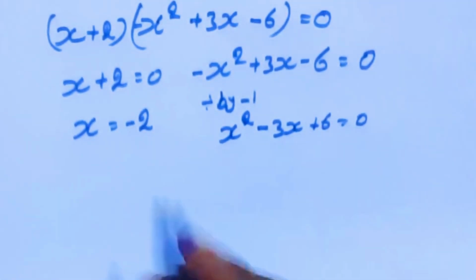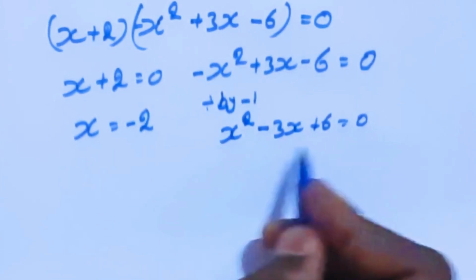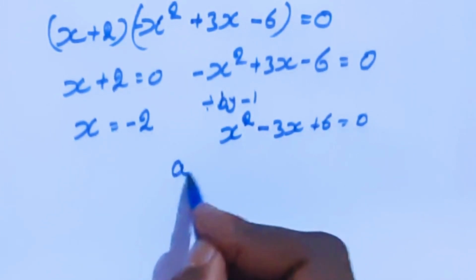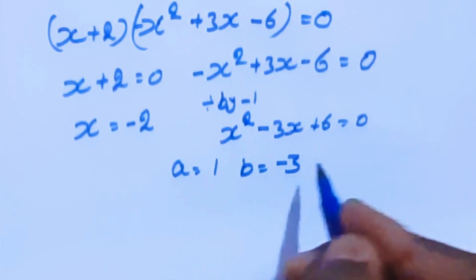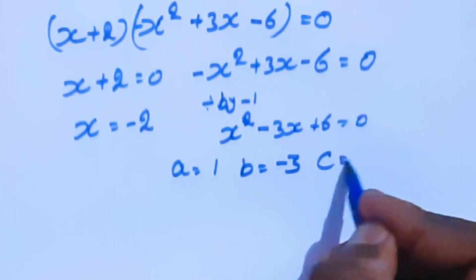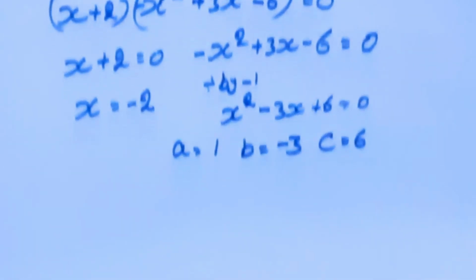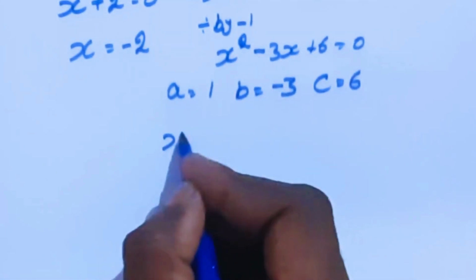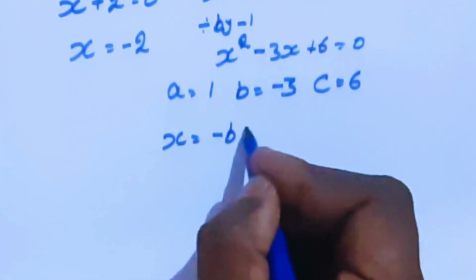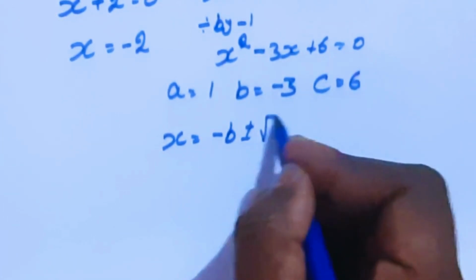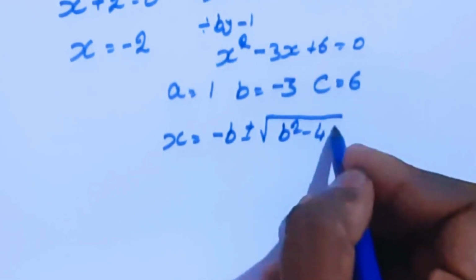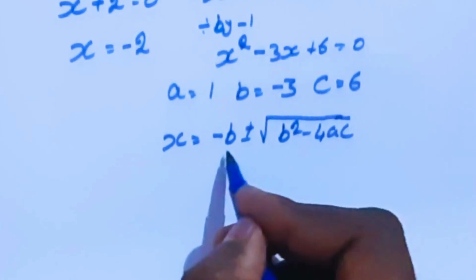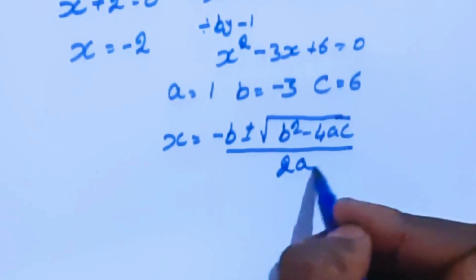So in this equation we are going to apply the quadratic formula. a = 1, b = -3, c = 6. So here x = (-b ± square root of b^2 - 4ac) / 2a.